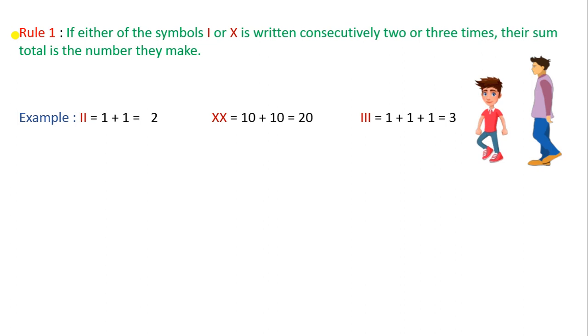But sir, what about symbol V? Can we use it also consecutively 2 or 3 times? Oh, that is a good question, Rahul. The answer to your question is, we cannot use symbol V repeated consecutively.